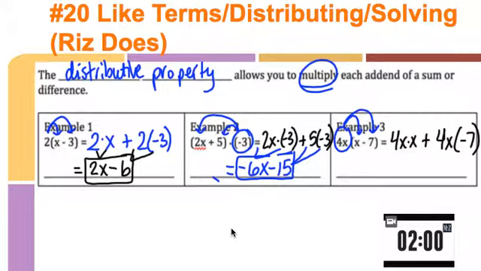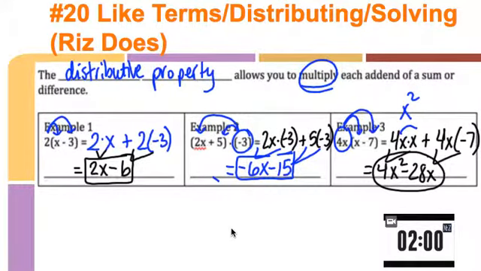Now here, we see x times x. X times x, if you did not know, is x squared. So that means that this is equal to 4x squared, and then 4x multiplied by negative 7 is negative 28x. Okay, so that's how we use the distributive property.